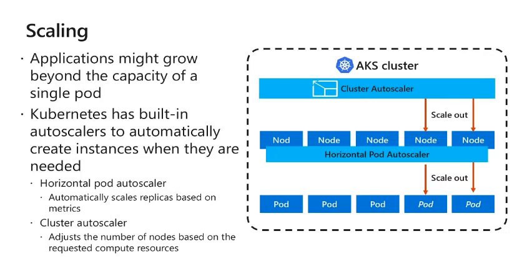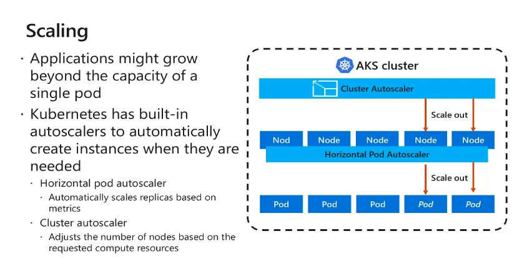Scaling. Applications might grow beyond the capacity of a single pod. As you run applications in AKS, you might need to increase or decrease the amount of compute resources. As the number of application instances you need to change, the number of underlying Kubernetes nodes might also need to change.